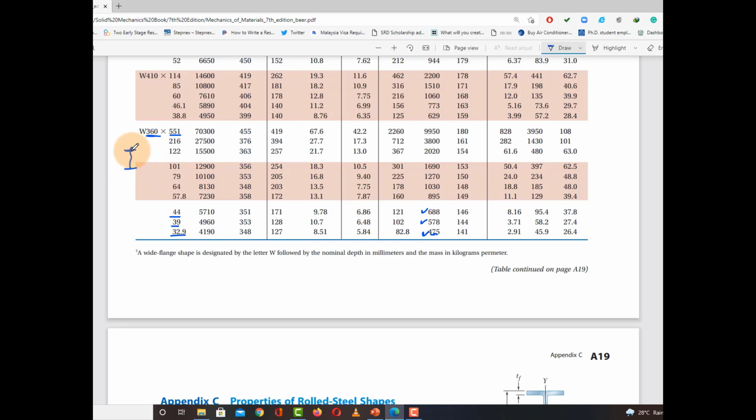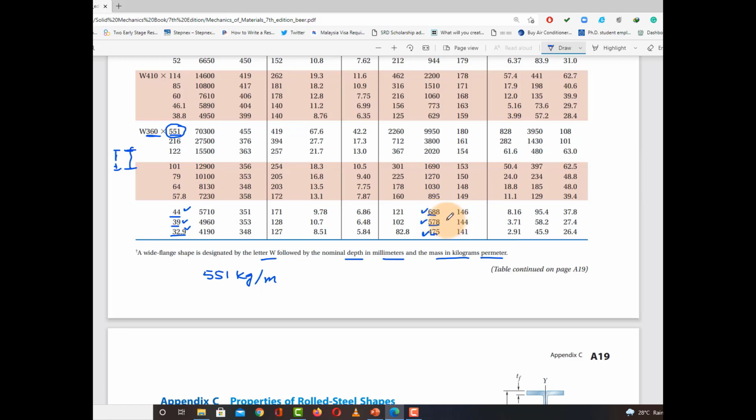W360 means 360 millimeter height, and the second value shows you the weight per unit length, so this is kg per meter. It is also written over here: a wide flange shape is designated by letter W followed by the nominal depth in millimeter and mass in kilogram per meter. So again this is 32.9 kg per meter, 39 kg per meter and 44. You have to note down all the values of this section modulus.